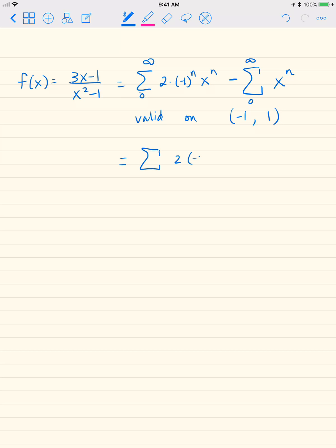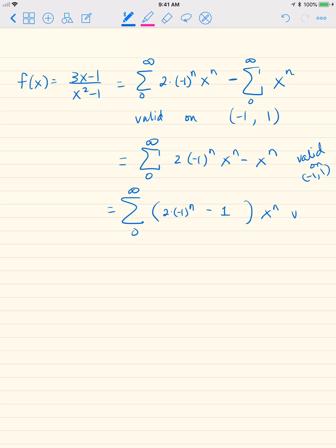So now I've got 2 times negative 1 to the power of n, x to the n, minus x to the n, from 0 to infinity. Now I can factor out an x to the n from both terms. So I have the sum of x to the n times the quantity 2 times negative 1 to the n minus 1. And again, my new interval of convergence is negative 1 to 1. And that's our final answer.